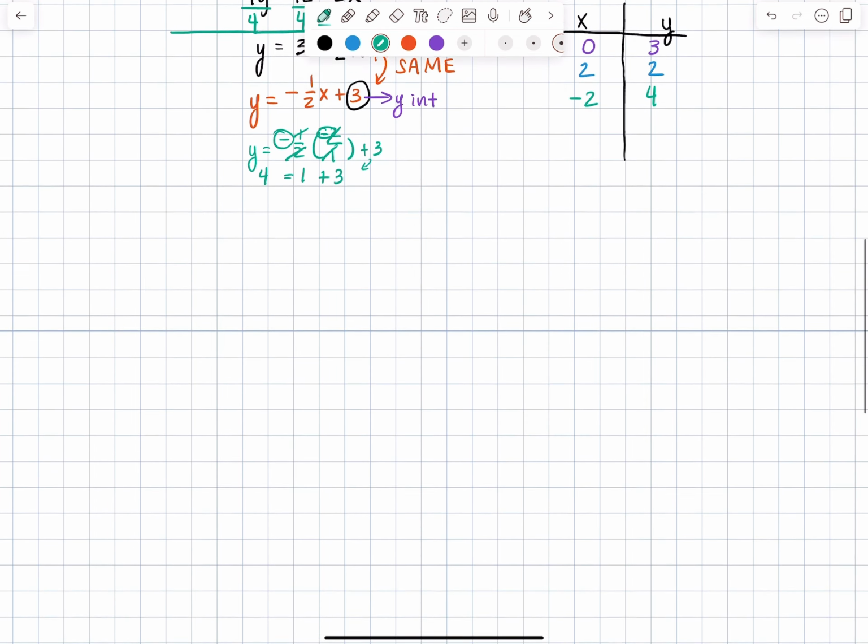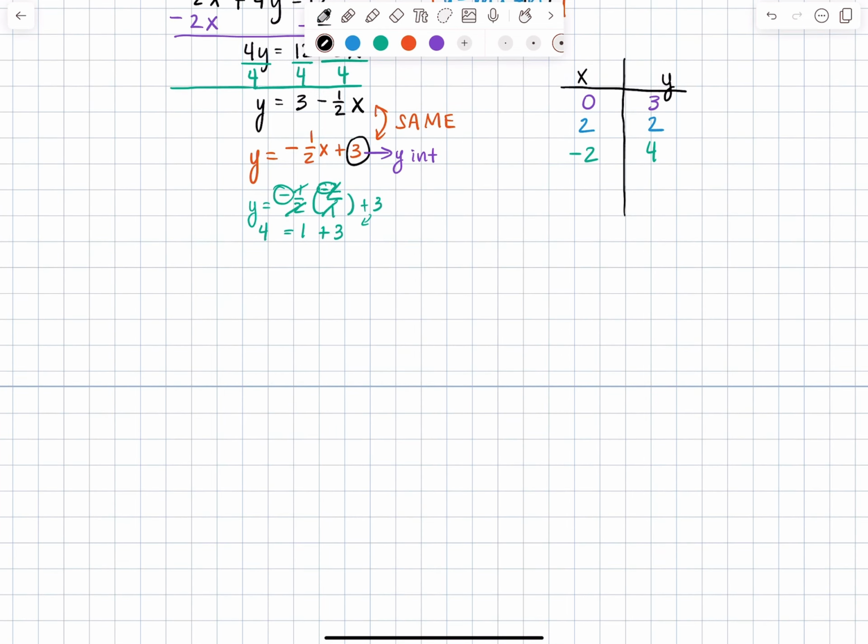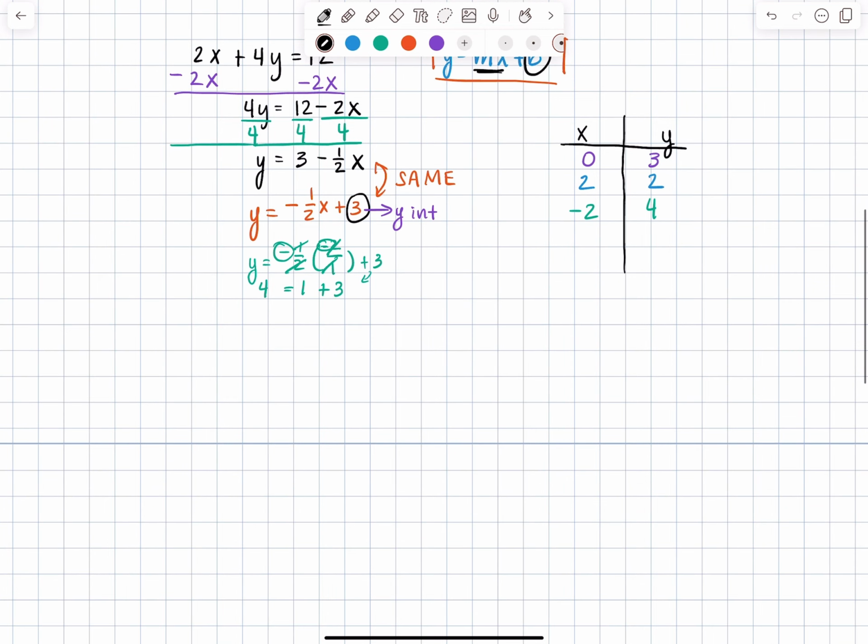So now you can draw your graph. I'm going to draw it right over here. So we have 0, 3, so right about here. And then 2, 2, so 1, 2, 1, 2.